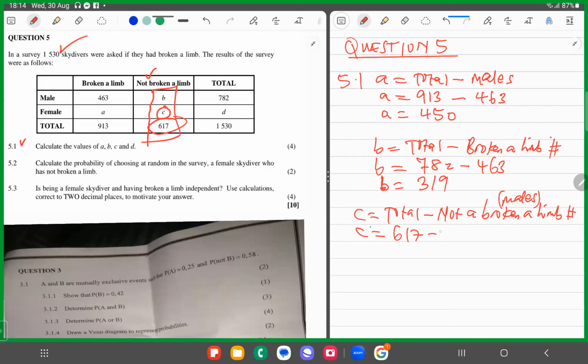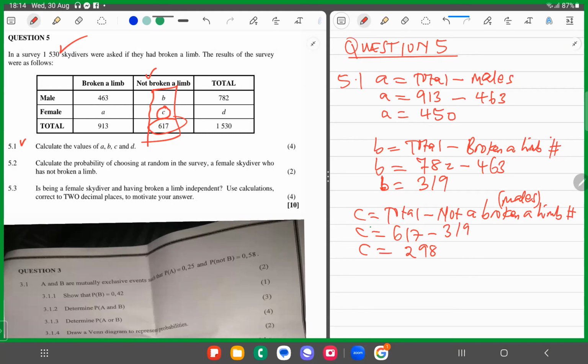So now, the males not broken a limb, we saw that as B. What did we get B to be? We got B to be 319. So in other words, what is 617 minus 319? It is exactly 298.